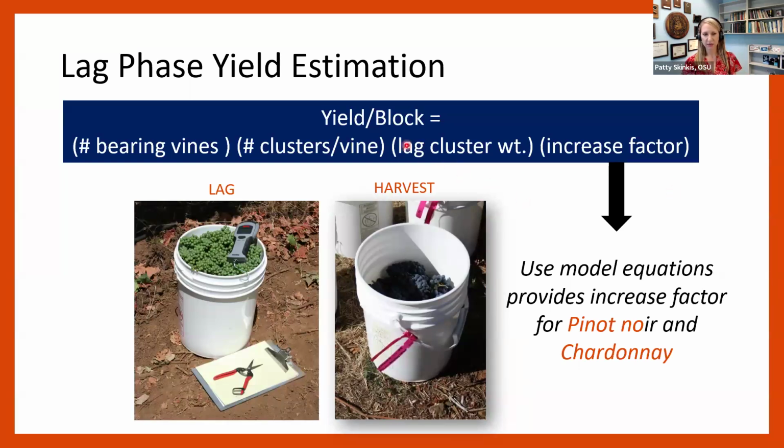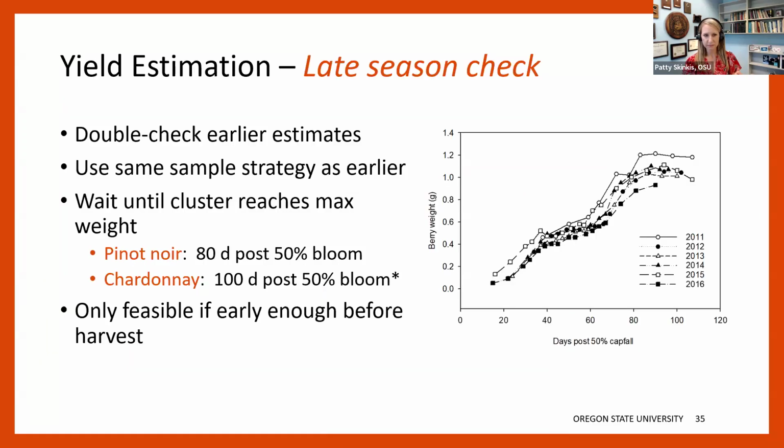So you can actually cross out this lag word here and say, I'm going to get my cluster weight at 35 days post 50% bloom, plug it into the model, and get my increase factor, which will give me a good value for that time. It's a pretty conserved relationship in this data that we've collected over multiple growing seasons, so we feel pretty confident about it.